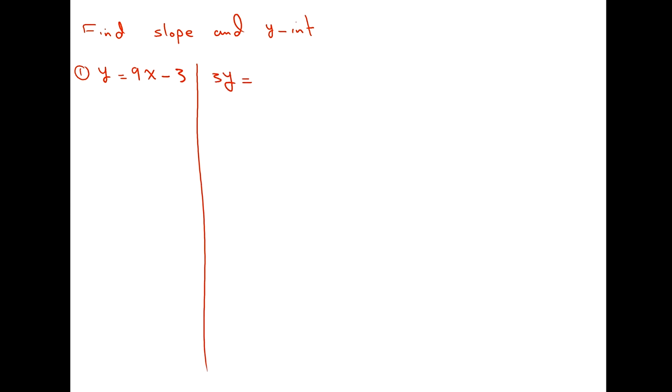Number 2, 3y equal 2 minus 6x. Number 3, 8x plus 2y equal 10. These are the three linear equations, and we need to find the slope and y-intercept.